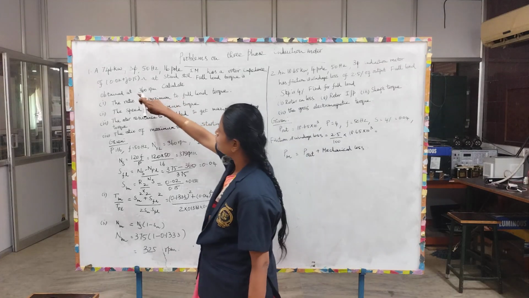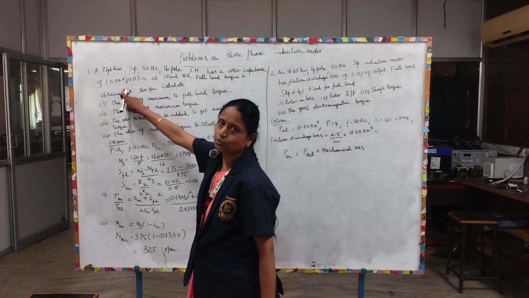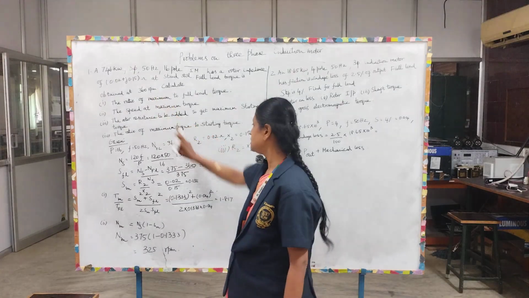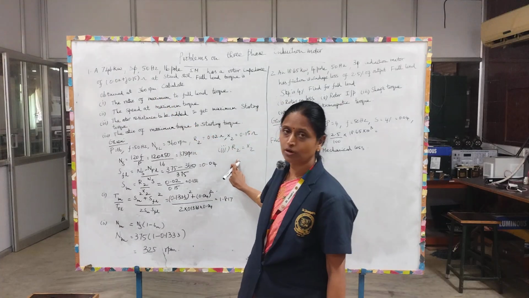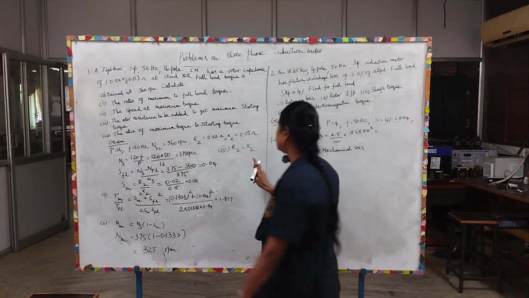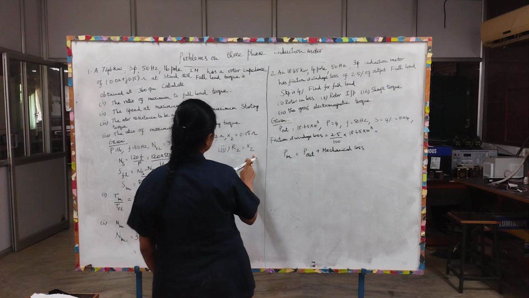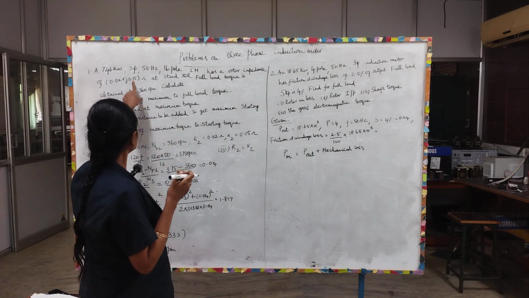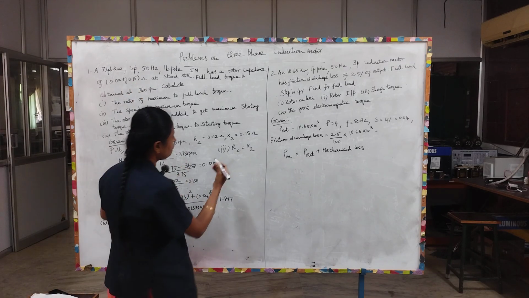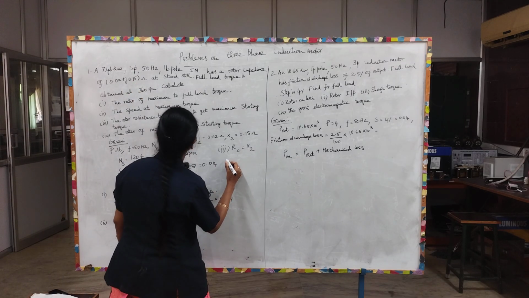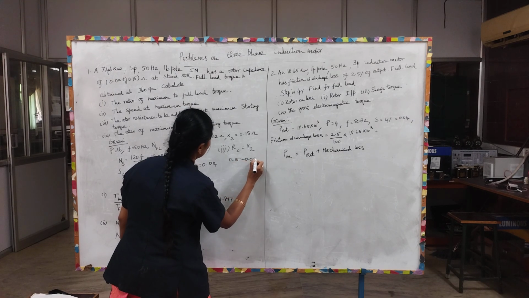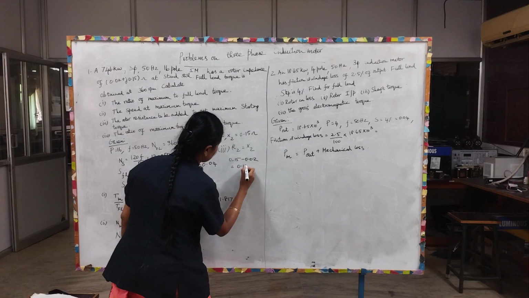So we have R2 in the problem, it is 0.02 ohms and X2 is given as 0.15 ohms. In order to get maximum starting torque, R2 should be equal to X2. So we have to find the difference between those two. The difference will be 0.15 minus 0.02, which will be 0.13 ohms.